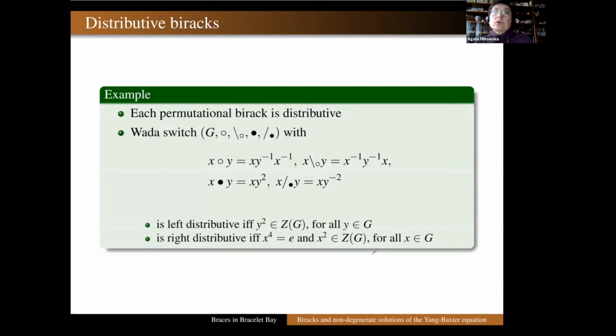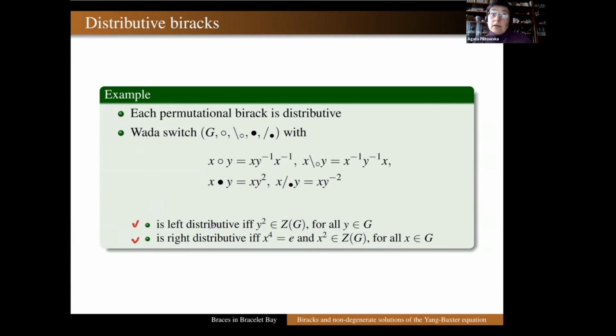It is easy to notice that each permutational Birack is distributive. And in the case of a Wada switch, such a Birack is left distributive if and only if for each element its square belongs to the center of the group, and it is right distributive if and only if additionally each element has order equal to 4.